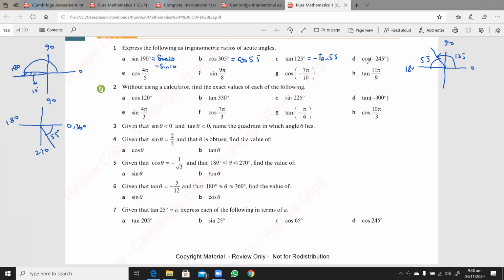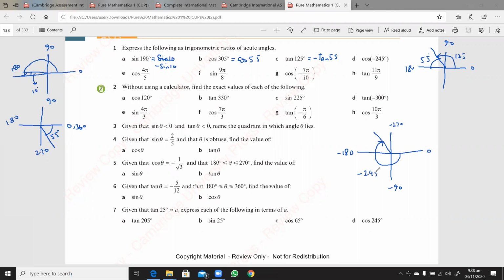Now, cos minus 245. I'll be telling you a very interesting thing from here about this cos. Minus 245 means this is 0, this is minus 90, this is minus 180, and this is going to be minus 270. So it is somewhere here, this is going to be minus 245.